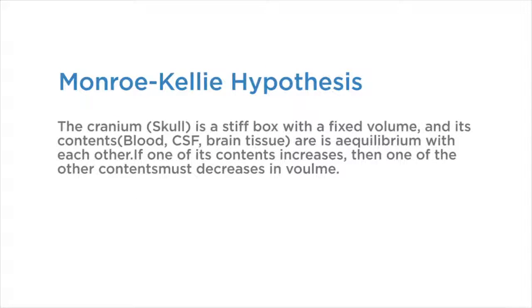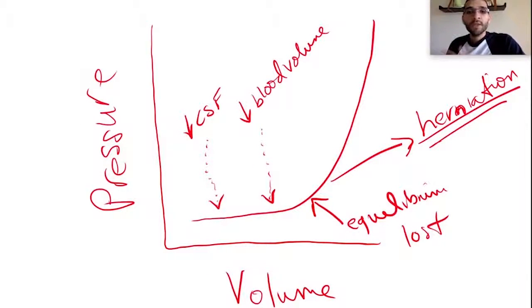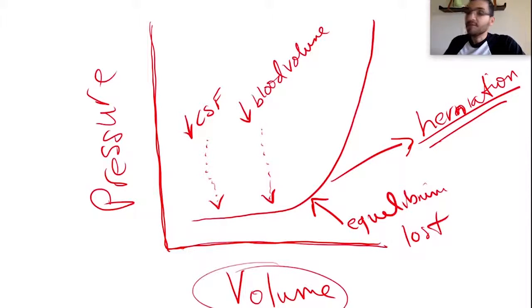Now, I want to go ahead and discuss the Monroe-Kellie hypothesis a little more. If we take a look at this picture, it shows volume on the x-axis and pressure on the y-axis. And as you can see, as the volume in the brain increases because, for example, of increased cerebral edema, the pressure begins to rise.